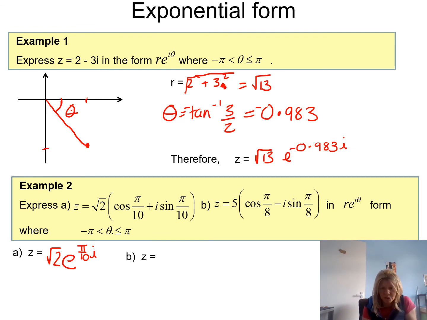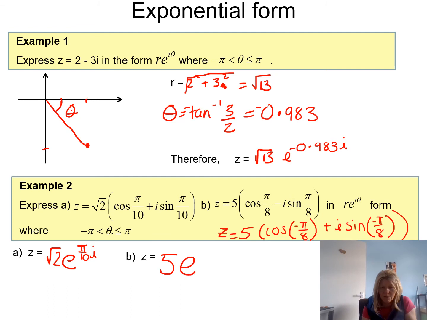If you remember what to do, you have to write that as, hopefully you're getting it, it's the same as that. Now it's in true polar form, and therefore you can write it as 5 e to the minus pi by 8i. Done.